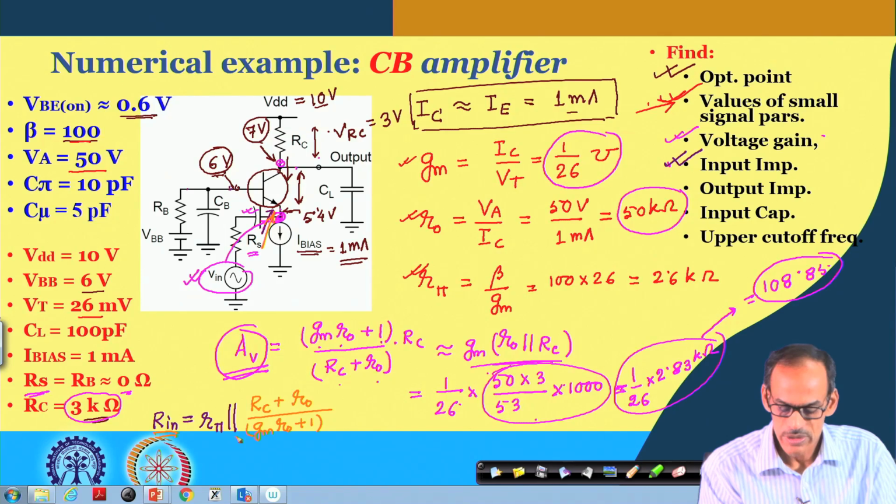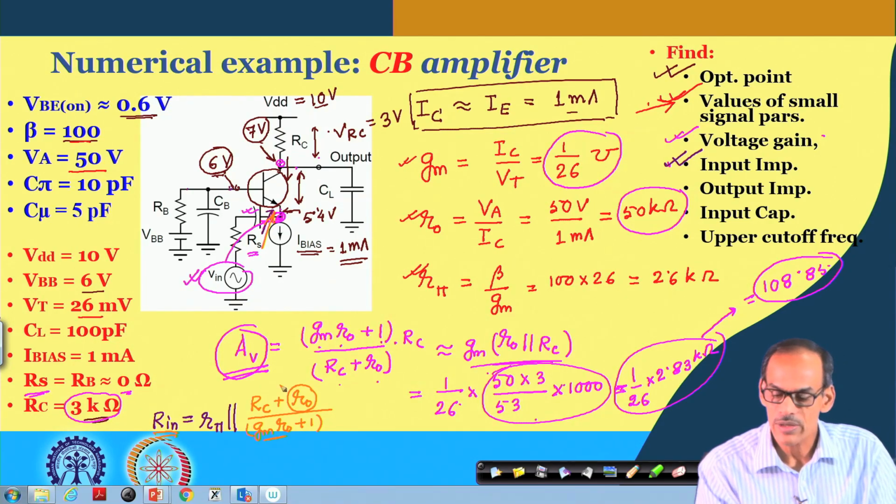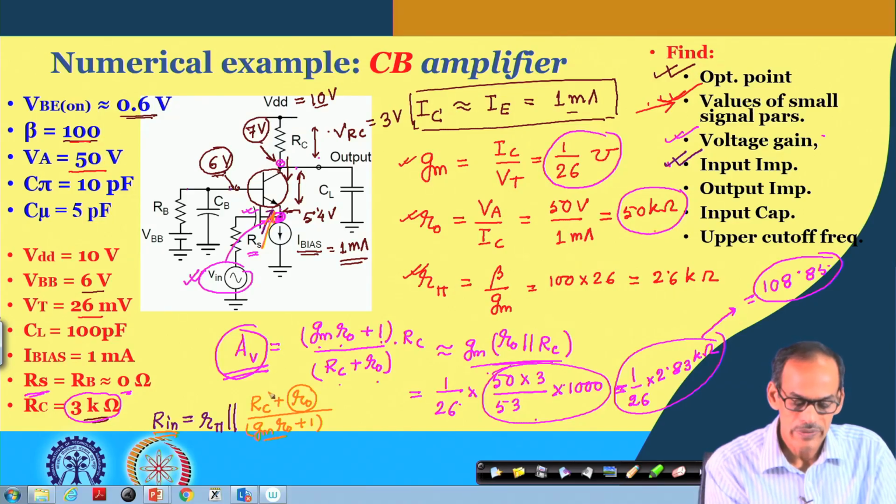So, I should say that this G M into R O is dominating, and not only that, if you see the value of this R naught, which is 50 K, and this R C is only 3 K, we can approximate this by R pi in parallel with 1 by G M.